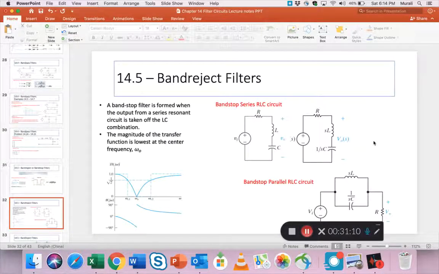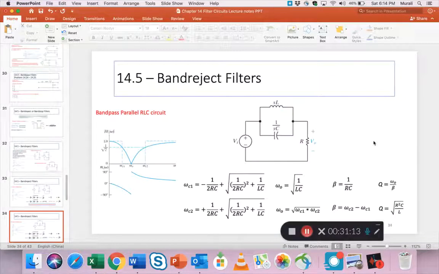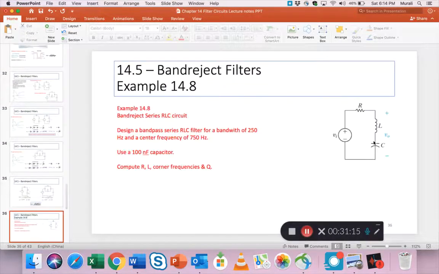Okay, so I will move ahead to example 14.8. That is the first example on band rejects, and it is on page 562 of my textbook. Let's see what he wants us to do.